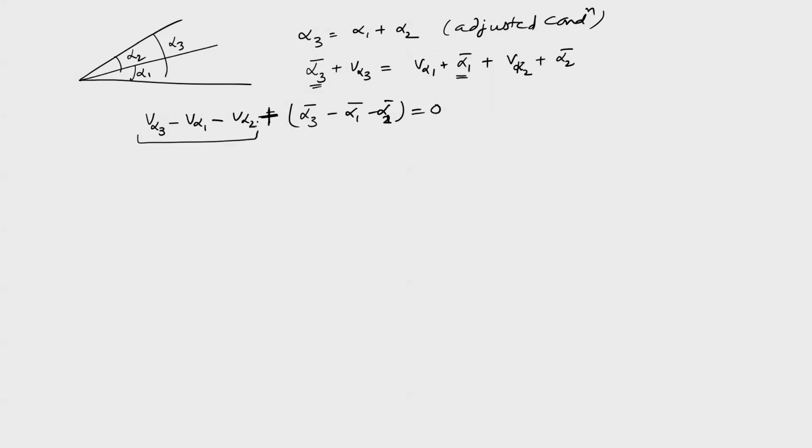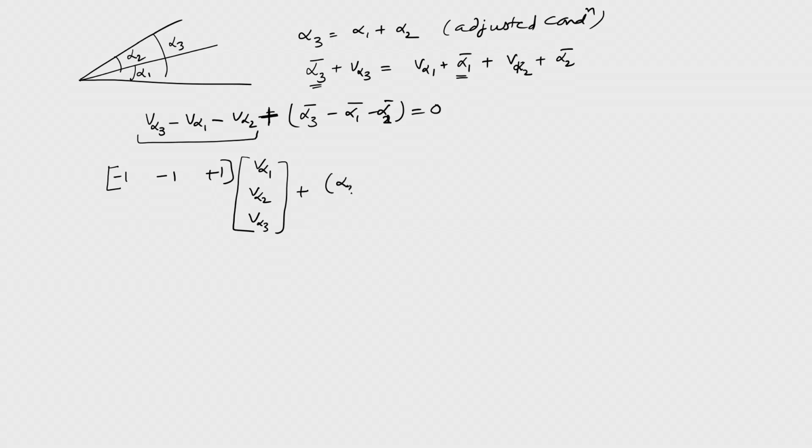So this is B, minus 1 plus 1, times V alpha 1, V alpha 2, V alpha 3, plus the W matrix, which is alpha 3 bar minus alpha 2 bar minus alpha 1 bar, equal to 0. So this becomes capital W, this is the V matrix, this is the B matrix. Again you can find the solution of the V matrix, and then you can find the rest of the values.